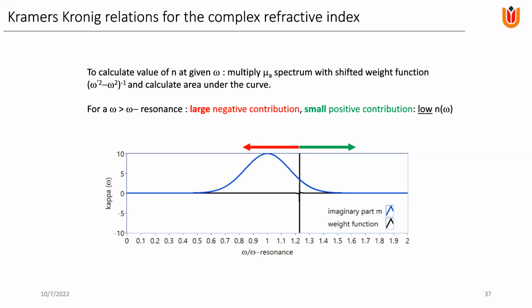If we move it to the other side, if we evaluate at a frequency that's higher than the resonance frequency, it's simply the other way around. This part of the function selects a large negative contribution, and this part selects a smaller positive contribution. That means that we'll get a low value of the refractive index.